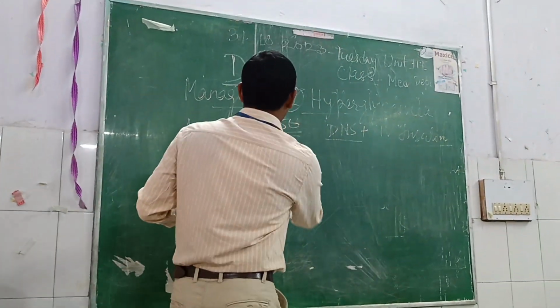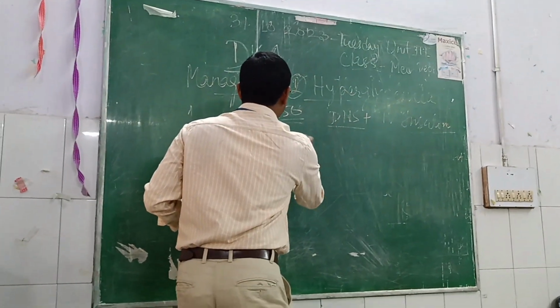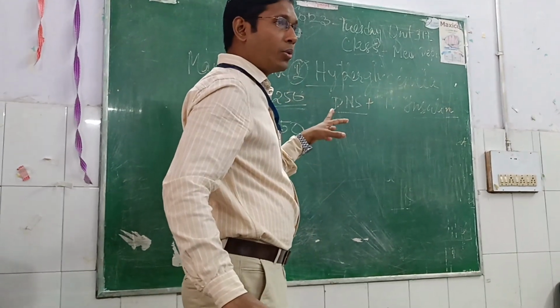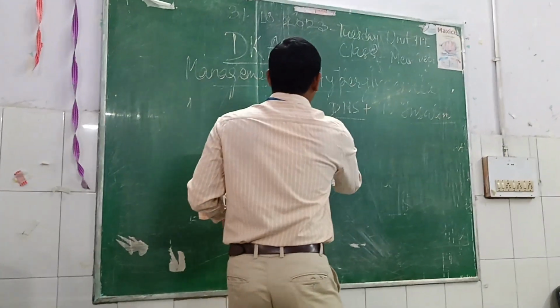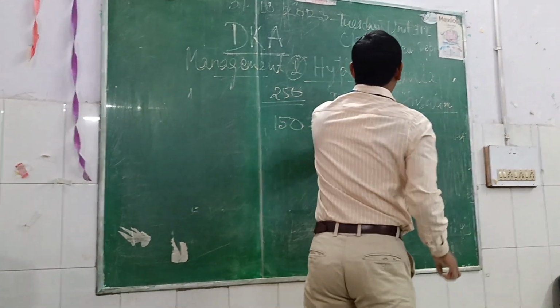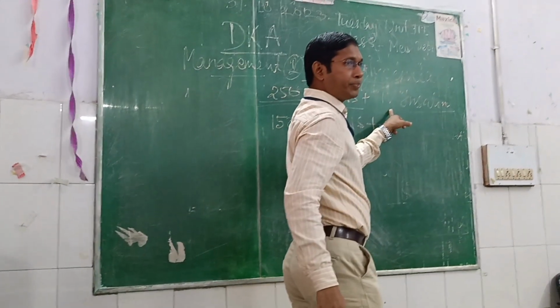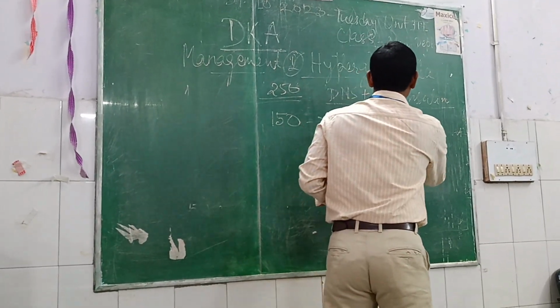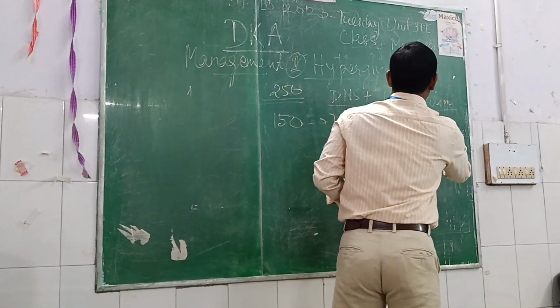And when it comes to 150, DNS will continue, and you have to make the insulin half. It will become 3 units per hour.